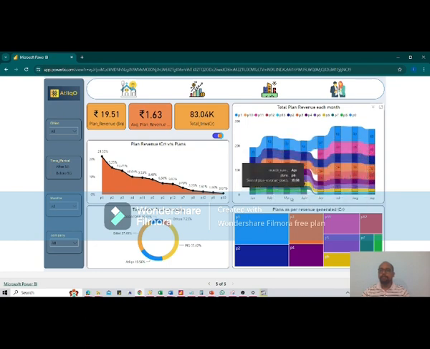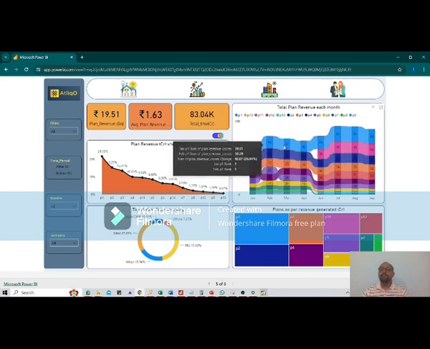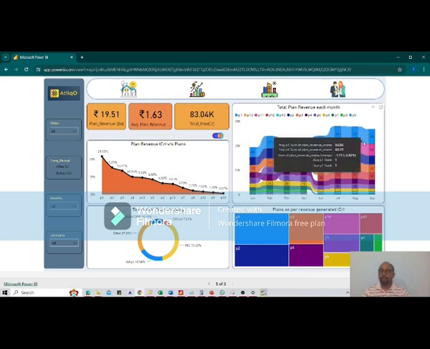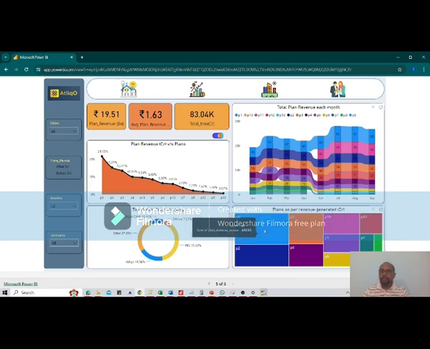P11 and P12 were launched after the launch of 5G, and they are performing quite good. But our all-time favorite for AtliqO, bringing in the highest revenue, is plan P1. The same can be viewed in a tree map. In here we can see plans P2, P3, P4, P11 and P12 are the highest performing plans for AtliqO.